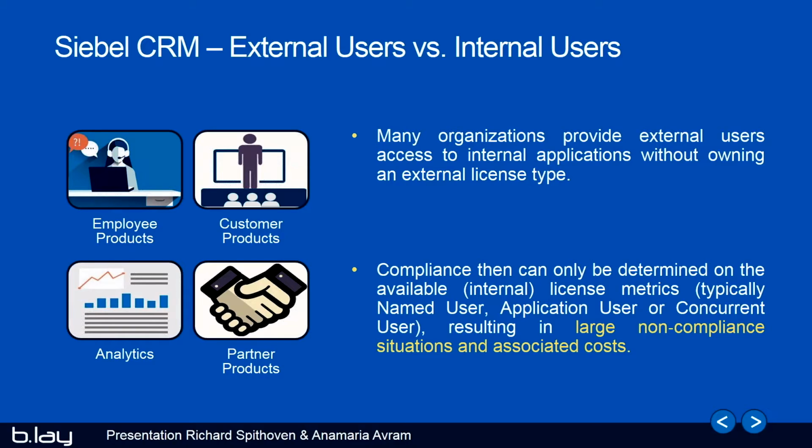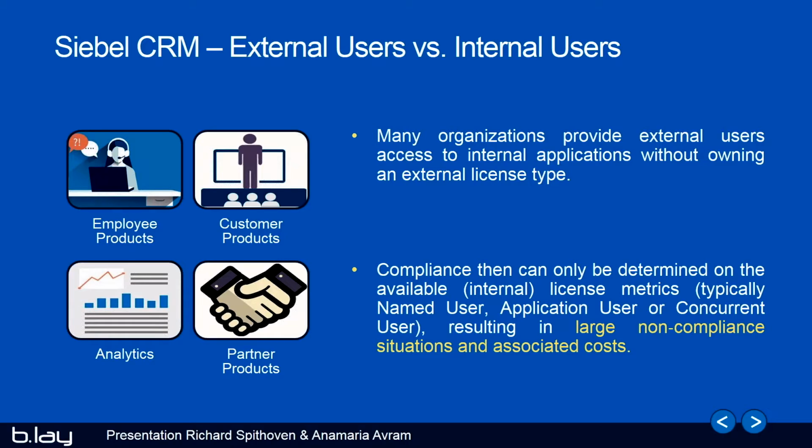What we often see is that many organizations actually provide access to their external users, which are in this case the customers and partners, to internal applications. So, for instance, let's say that we have a bank that is using Siebel CRM as a product. And they also have customers that are using the home banking service.